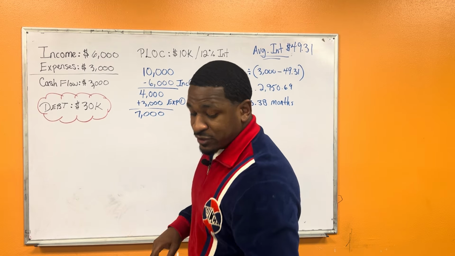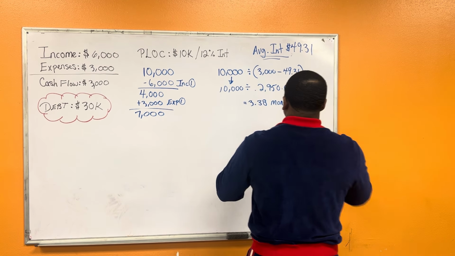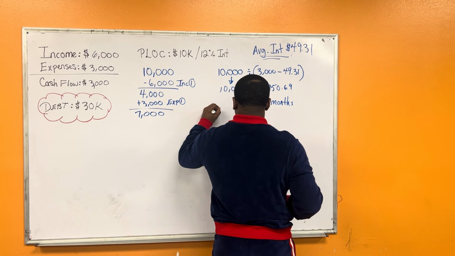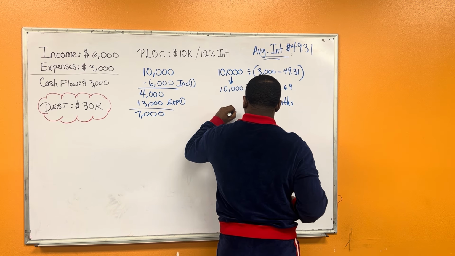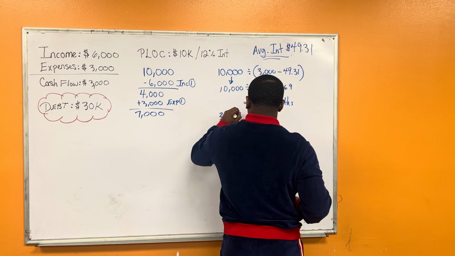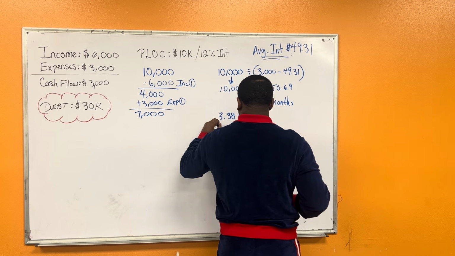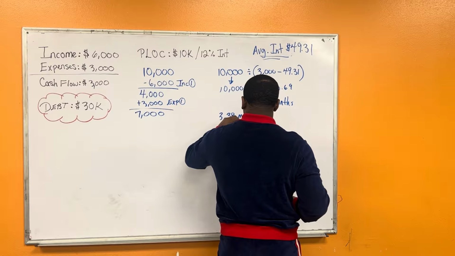So what we do is we take time, which is 3.38 months, and we multiply that by 49.69.